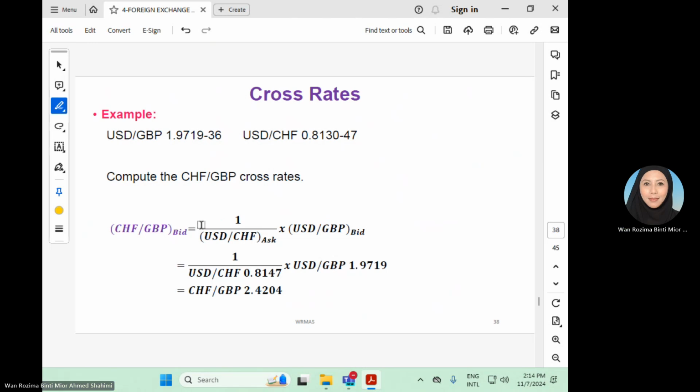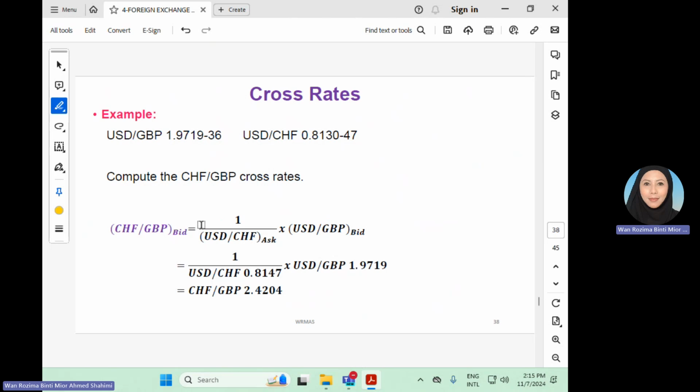Times. Okay, check. USD, British pound. Same sequence, USD, British pound. You don't have to change anything. No reciprocal, so write it down: USD, British pound, bid. Follow everything.